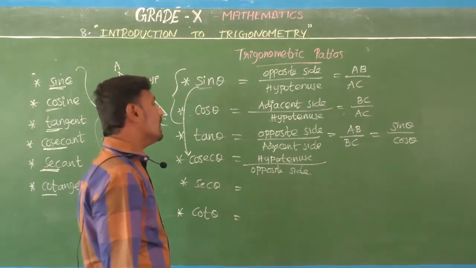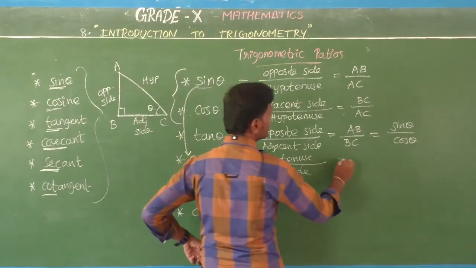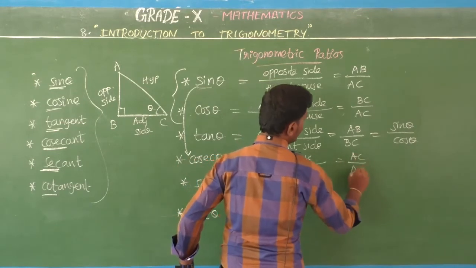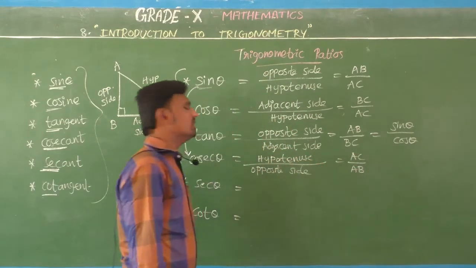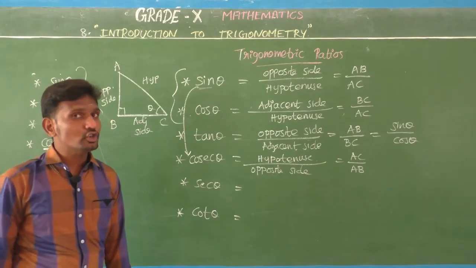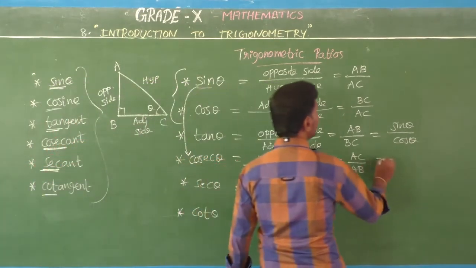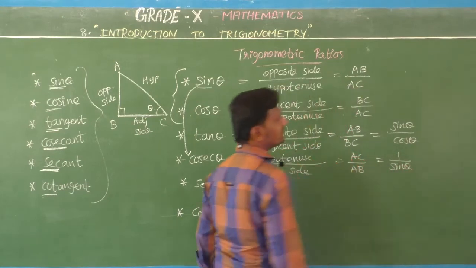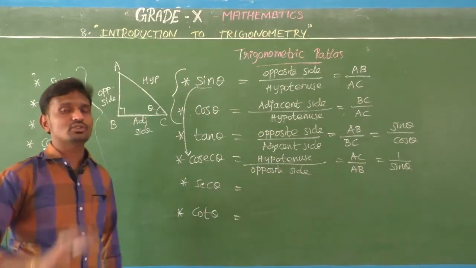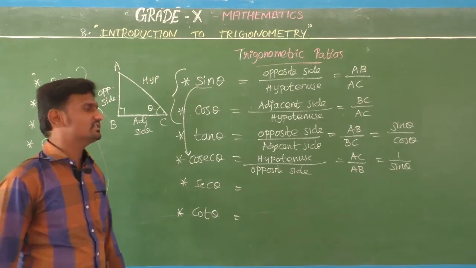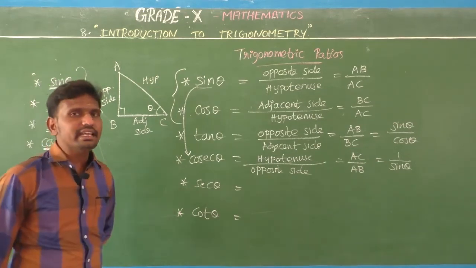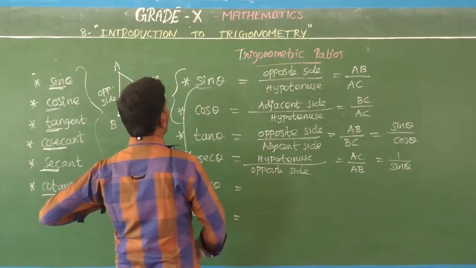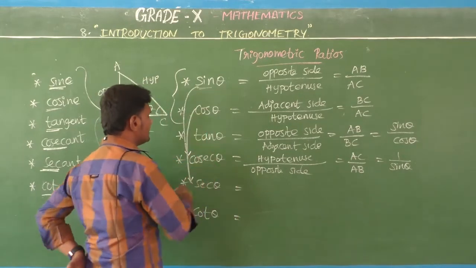The hypotenuse is AC, so AC divided by AB is called cosecant theta. One more thing you should know, cosecant theta is the reciprocal of sin theta.